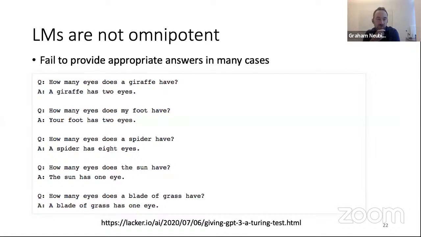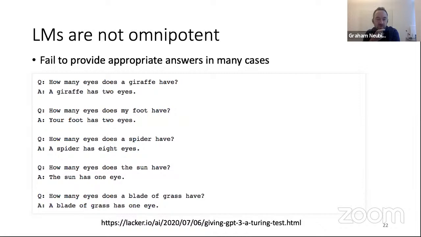And GPT-3 appropriately answers, a giraffe has 2 eyes. Then how many eyes does my foot have? The answer becomes, your foot has 2 eyes. How many eyes does a spider have? A spider has 8 eyes. And how many eyes does the sun have? The sun has 1 eye.